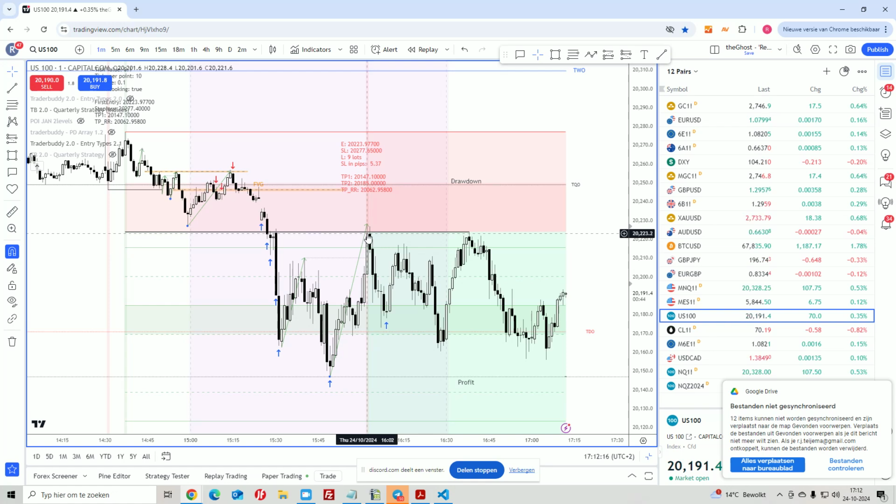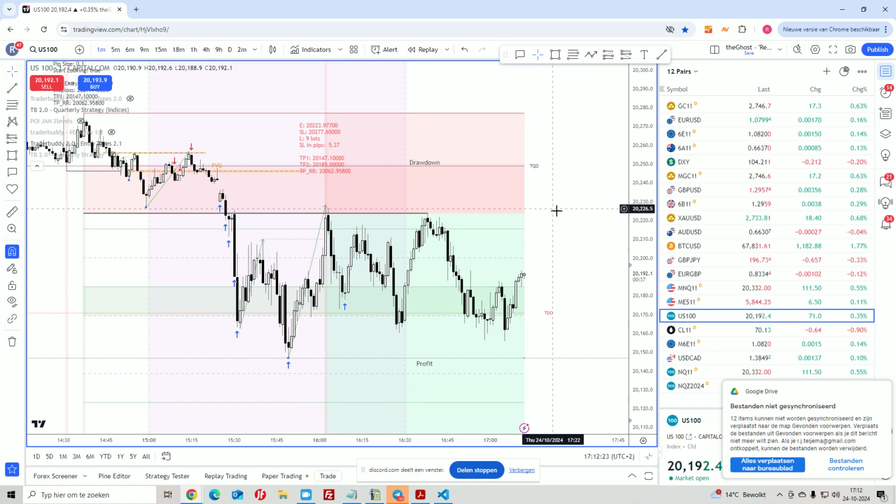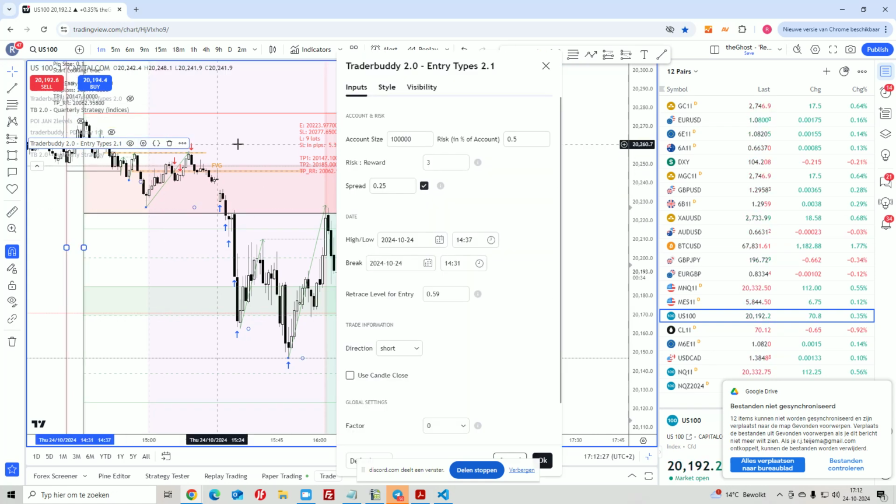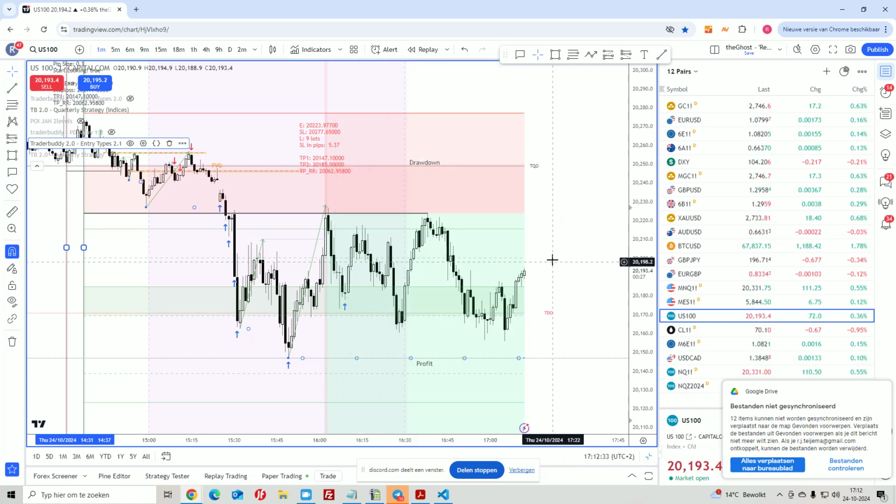When we trade to our set levels with the FIP entry, in this case, I'll first show you this if you guys agree. We have a 0.5% risk on a $100,000 account.